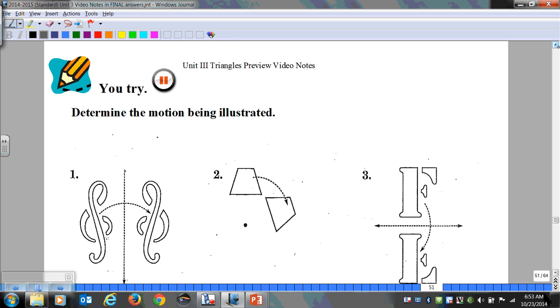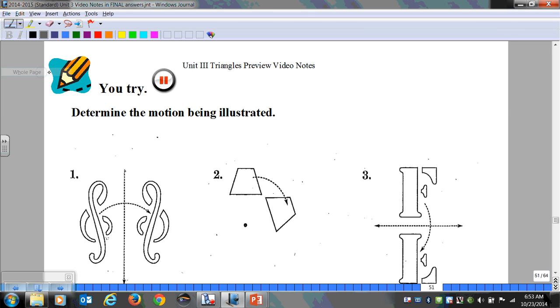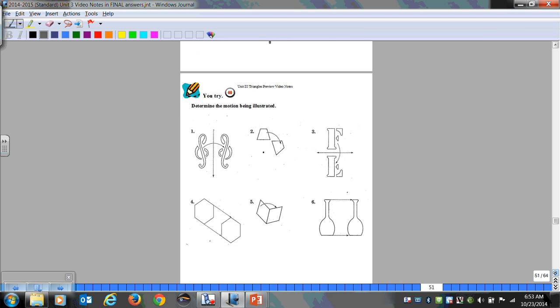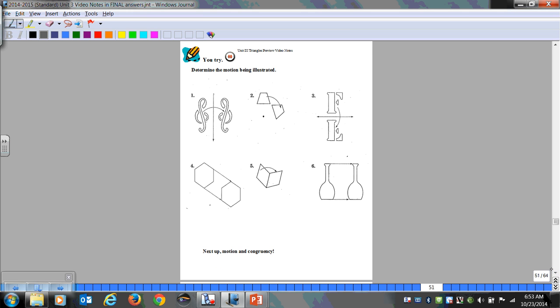I'd like you to pause this video, and on this page, I'd like you to determine the motions being seen here: translation, reflection, rotation. Restart the video when you're done. Okay, welcome back. Hopefully you actually stopped the video and did this on your own and then have come back. This first one is a reflection.